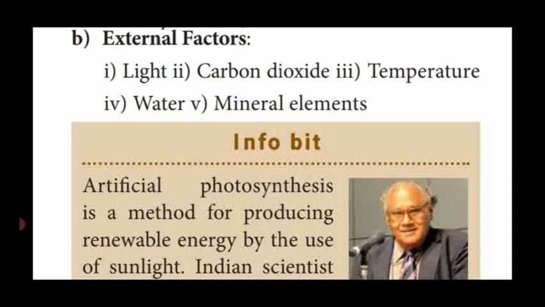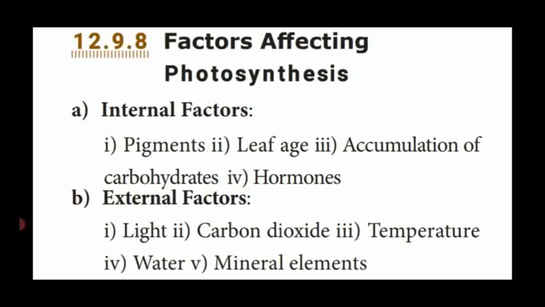Some minerals are also required for photosynthesis. So a lesser amount of mineral elements is also one of the external factors affecting photosynthesis. So factors affecting photosynthesis is an important 4-mark and 2-mark question.